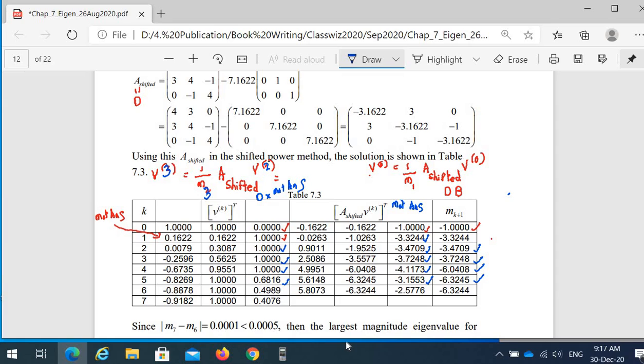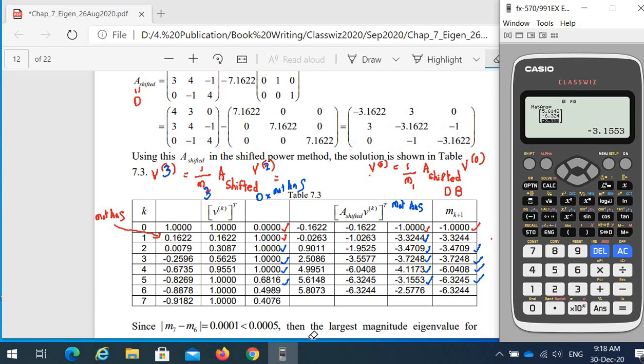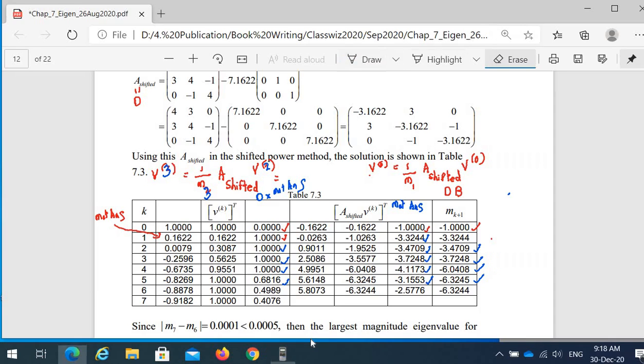Okay, so we want to repeat until where? Until modulus of Mk plus 1 minus Mk. So normally the number here at the last digit differs by 4 units. So these two are still a lot. That's why we still continue for the next iteration, to get the V6.